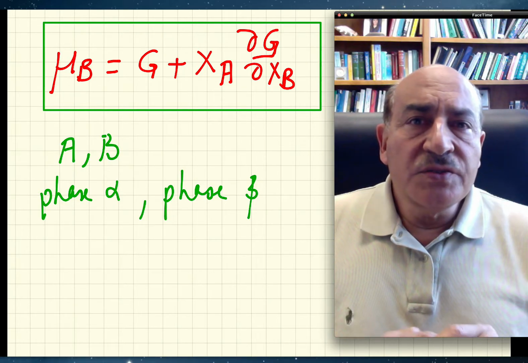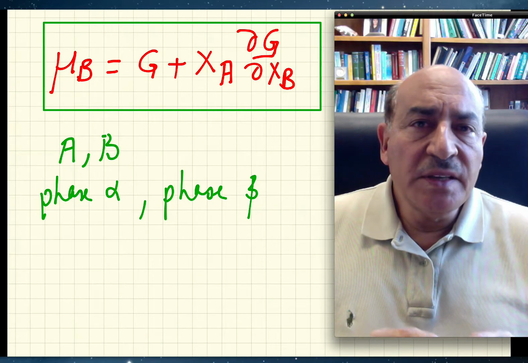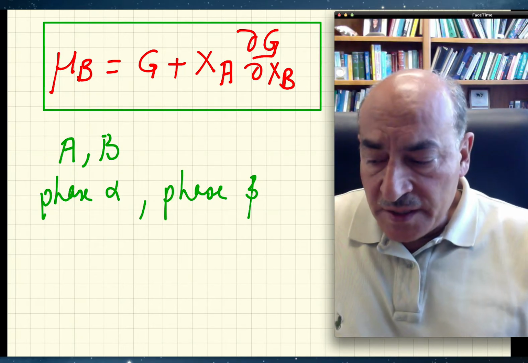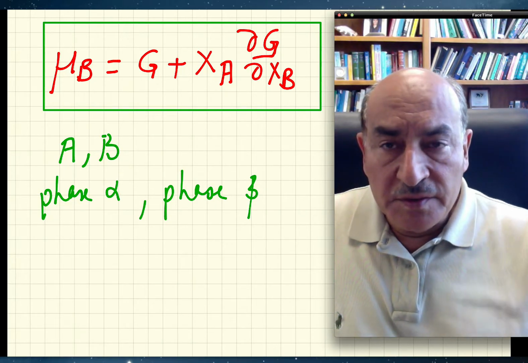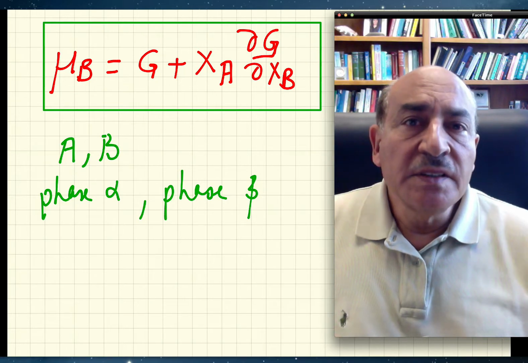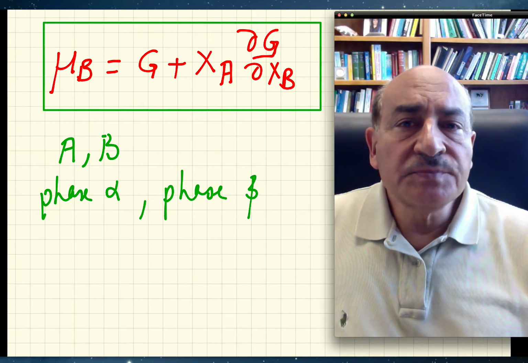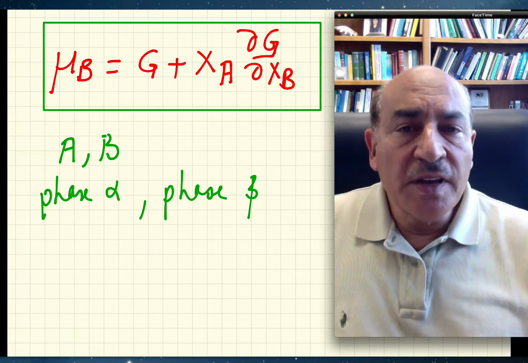So the equation that you see on the board is the chemical potential of element B in the solution, and it has G of the particular phase. So we have a function of Gibbs free energy of the two elements together, and then you have the concentration of A times dG by dxB.